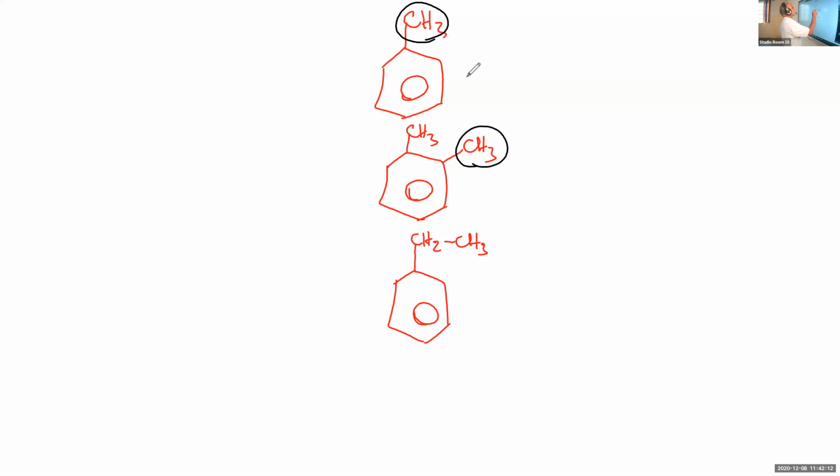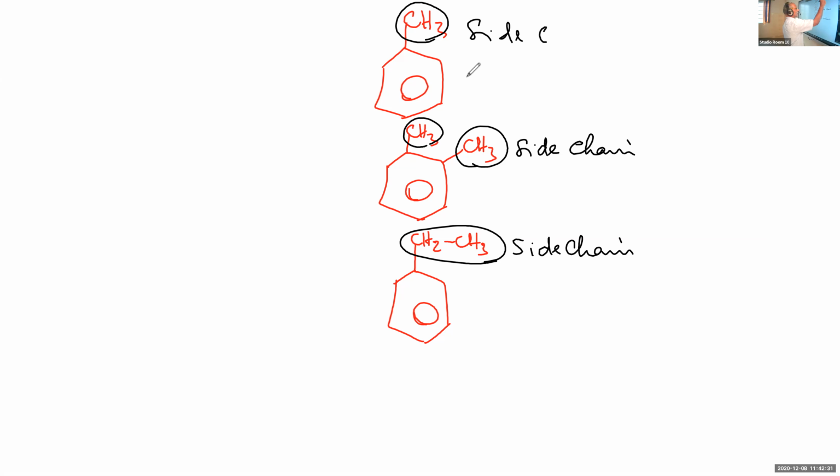Here there are two side chains, and the CH2CH3 ethyl group is also a side chain. The carbon atom is directly linked to the benzene nucleus, and they are the side chains.